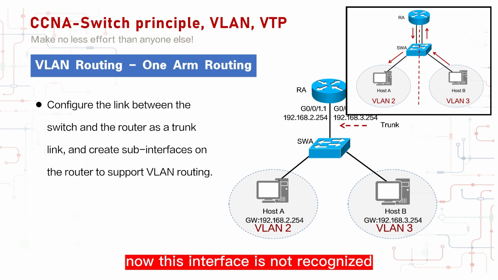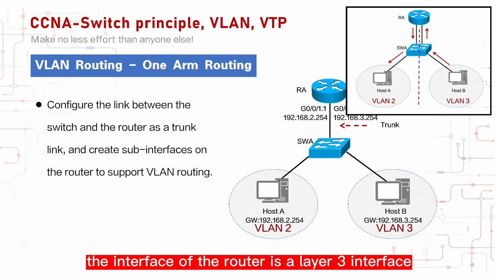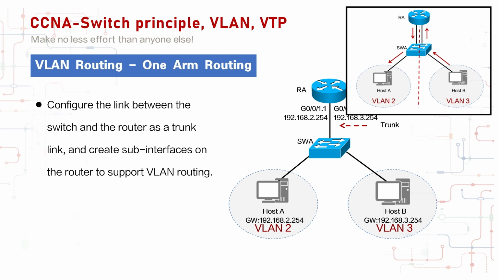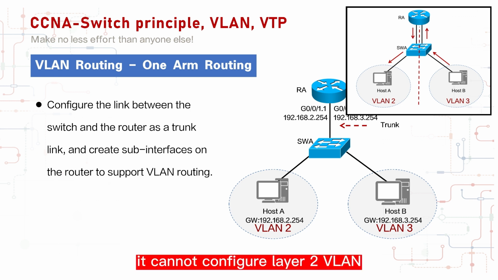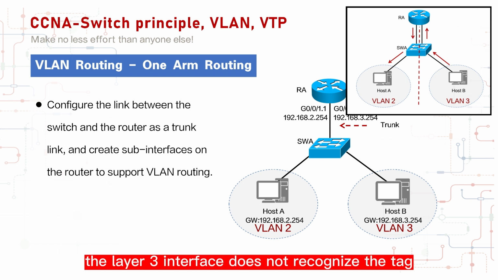Now this interface does not recognize it, so it creates some problems. Everyone should know the interface of the router is a layer 3 interface. It cannot configure layer 2 VLAN. Therefore, the layer 3 interface does not recognize the tag by default. It has no way to receive and forward data.